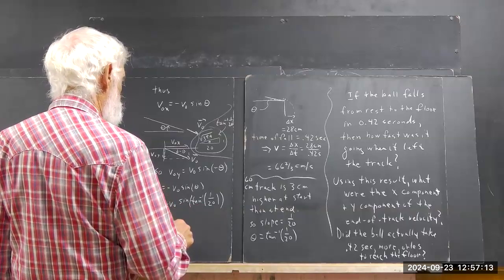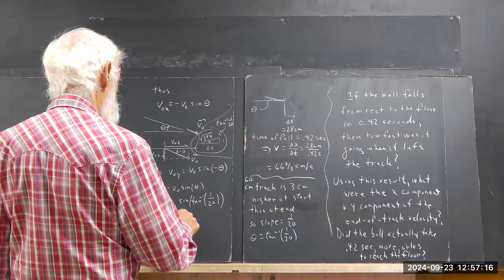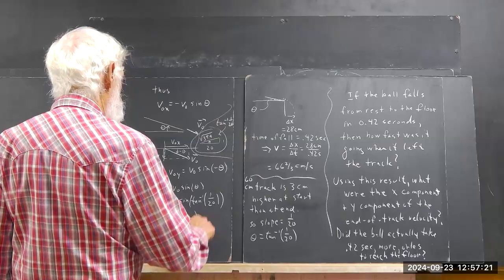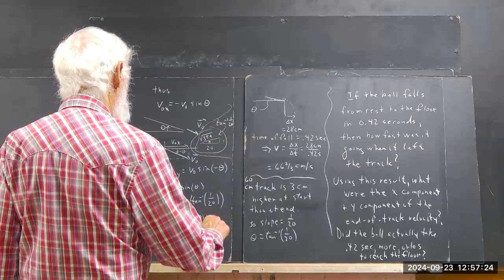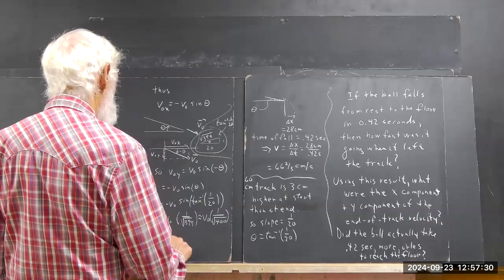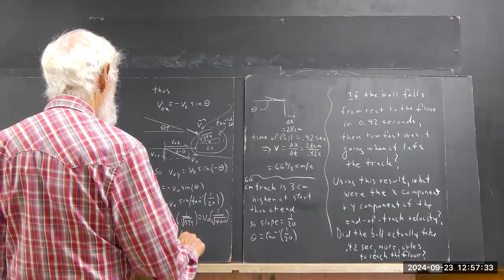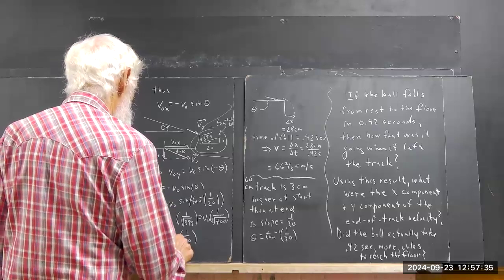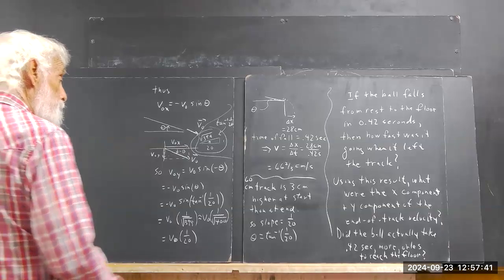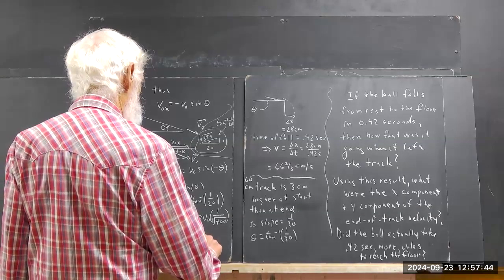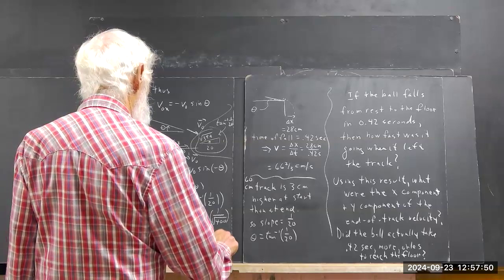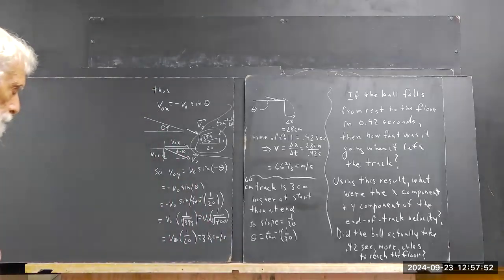So the sine of the arctangent is V naught times 1/20, three and a third centimeters per second.